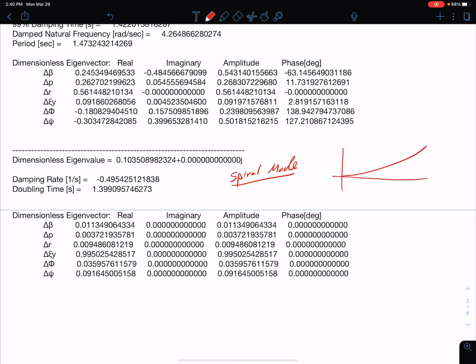And it's basically characterized by a change in heading of the aircraft. What happens is the aircraft is flying along, and it gets a lateral disturbance, and it will go into this spiral motion.